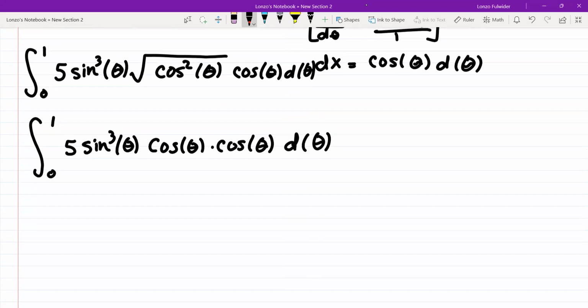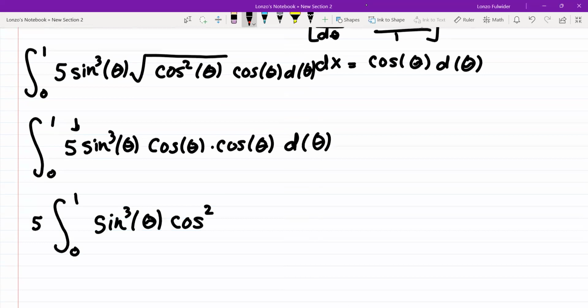And then we should simplify it even more. First off, let's take out this constant 5, right? Take that out. And then cosine theta times cosine theta is cosine squared theta d theta.